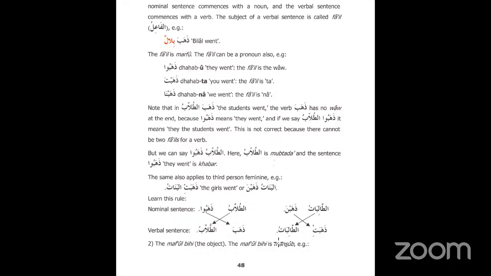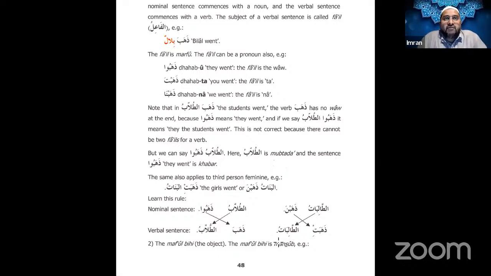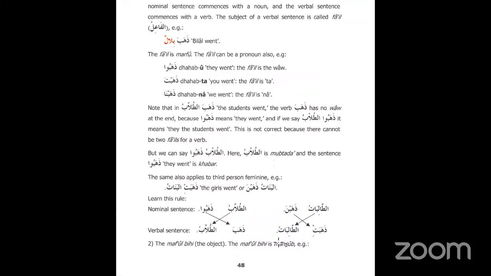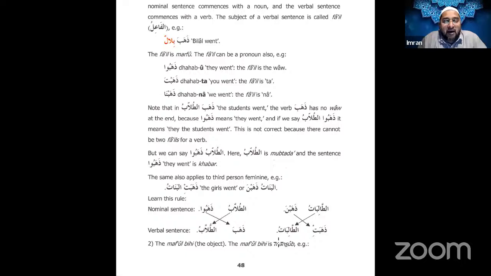Once again, please. I'll give you an example. If the khabar comes with alif lam, then it will not be treated as a khabar, but it will be an adjective for the mubtada. I'll give you an example.